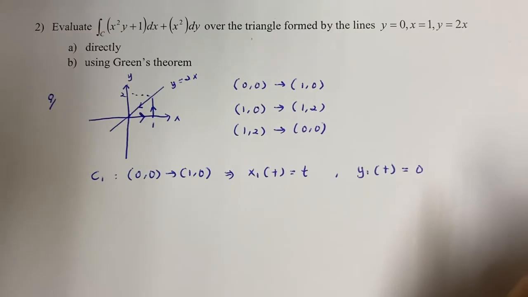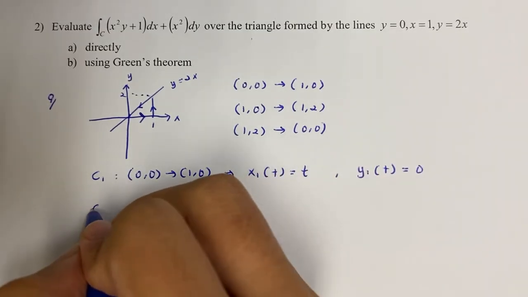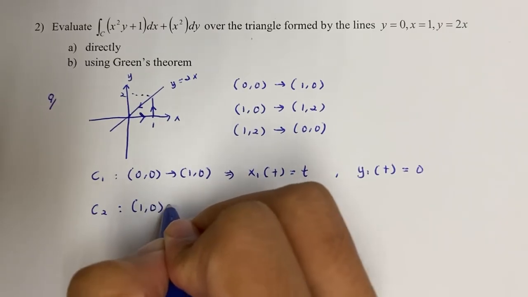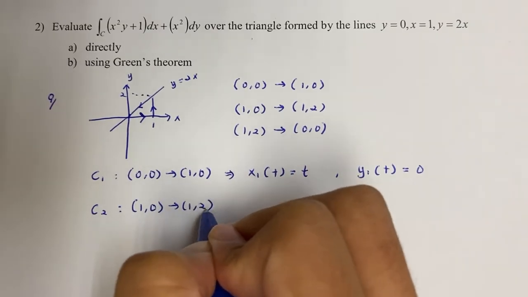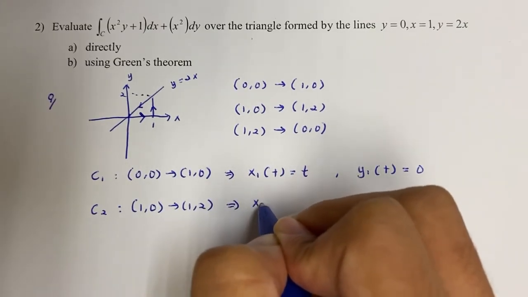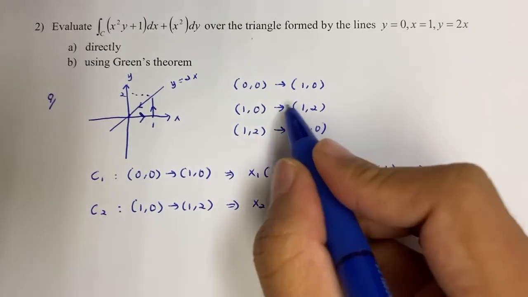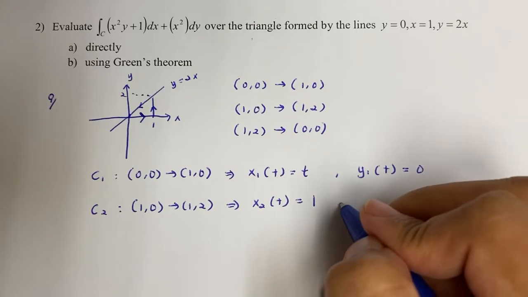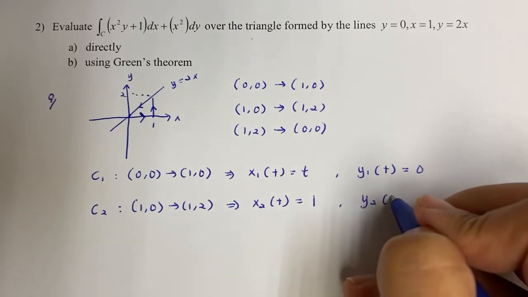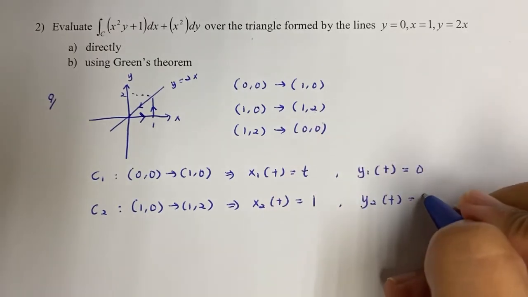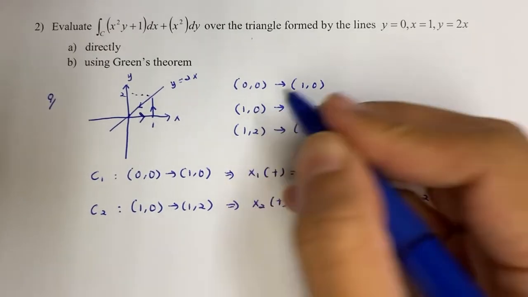Okay, and then C2, as you have 1,0 moving to 1,2, so your x2(t) is equal to 1, and y2(t) is equal to 2t.